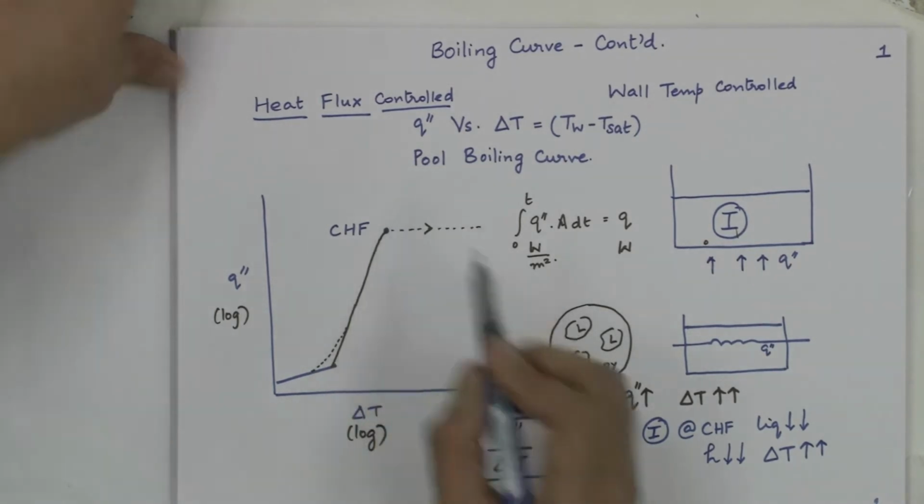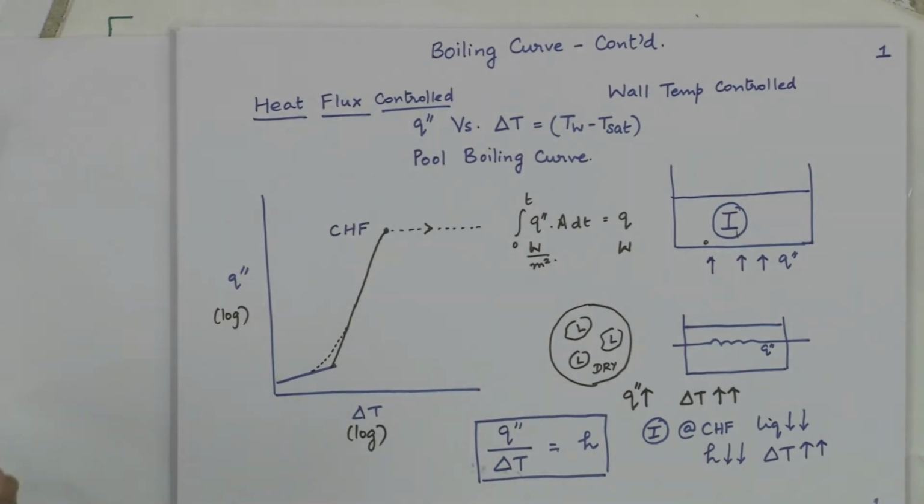The point being, sharp reduction in the heat transfer coefficient is manifesting itself as a CHF, or heat transfer coefficient reduction manifests itself as an increase in the wall temperature. This is what is CHF.